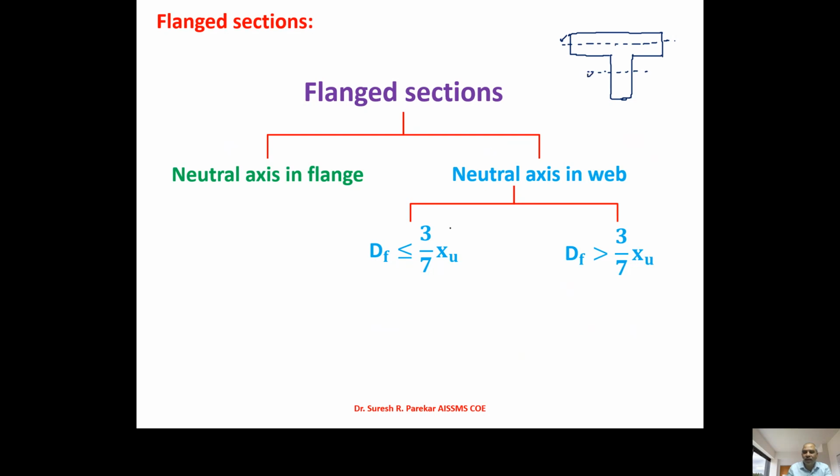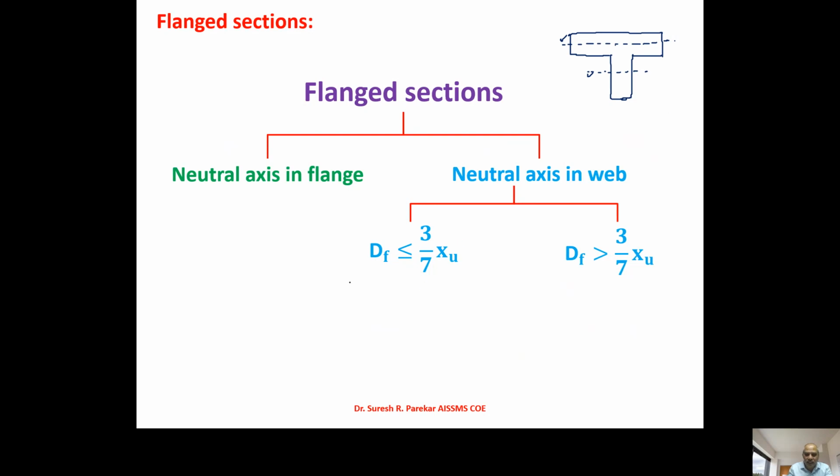Now, neutral axis in web is again divided into two types. One, df less than or equal to 3/7 XU, and df greater than 3/7 XU. Why are we going to relate with 3/7 XU?